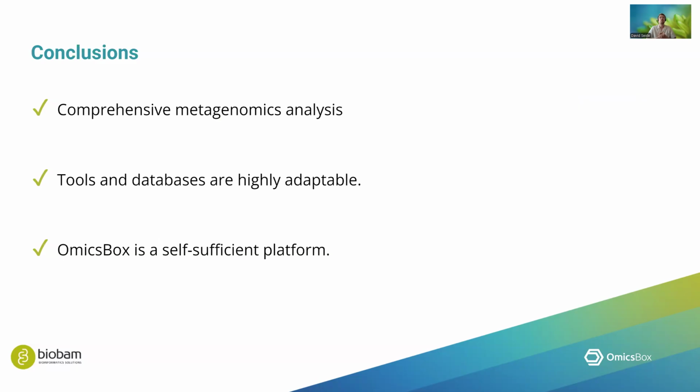You don't need to go outside. You don't need to know any bioinformatics. But if you want, you can always export the text data of all the analysis that we did in OmicsBox, and then you can go into a different tool, into R or into a spreadsheet program if you need that.